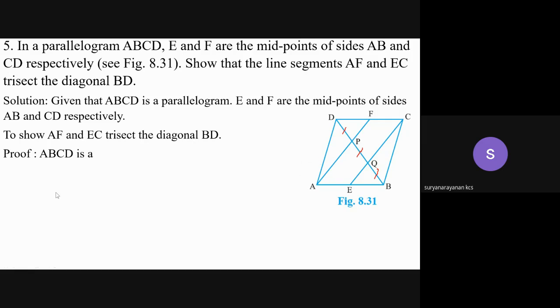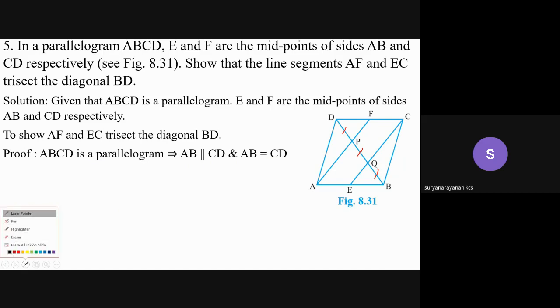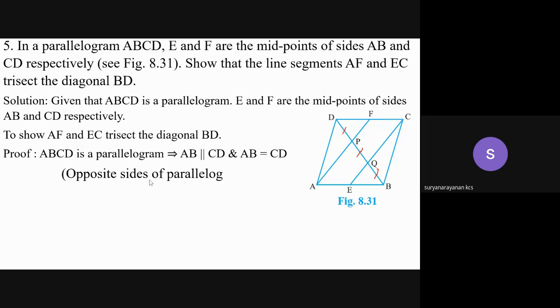Now we have to prove that AF and EC trisect. So from this parallelogram ABCD, we can write AB is parallel to CD and AB is equal to CD. Previously, I told you to write these points on your paper. We use these results later because these two are opposite sides of the parallelogram.